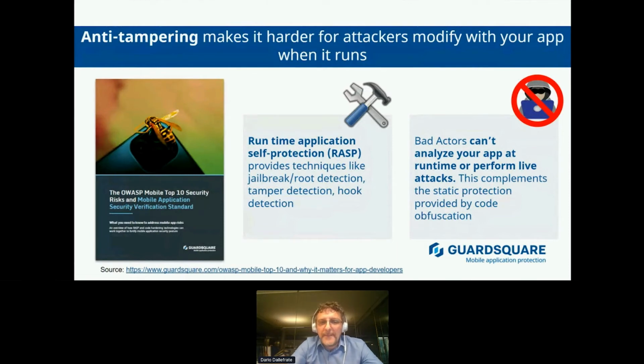So when the app runs on a smartphone or on a virtual environment. To prevent that, runtime application self-protection provides a set of checks that are injected into your app to detect jailbroken or rooted devices, to detect tampering tools, to detect debuggers, or any other tool used to change the behavior of your app while the app is running.